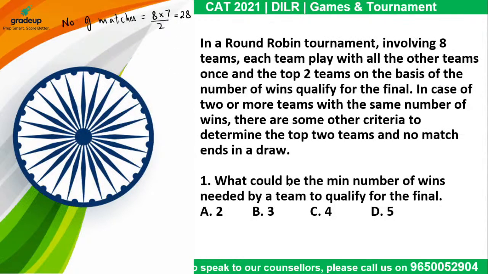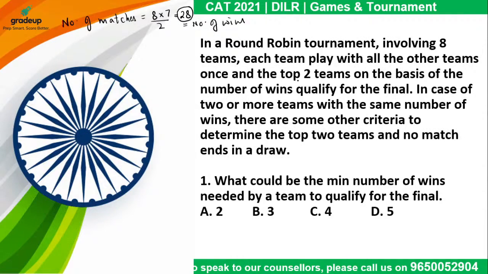So what we do here is, since the number of matches is constant, the number of wins is also constant. Number of wins is also 28. In the entire tournament, I need to distribute these 28 wins among all the 8 teams.